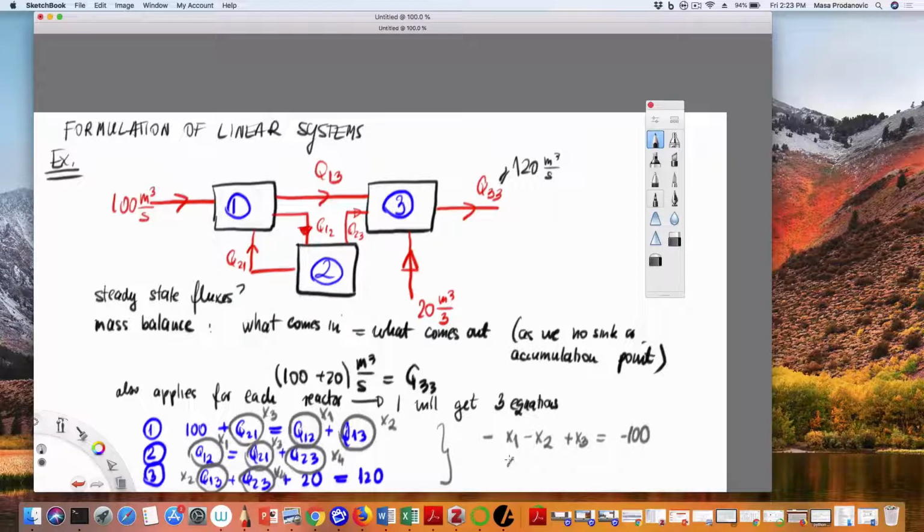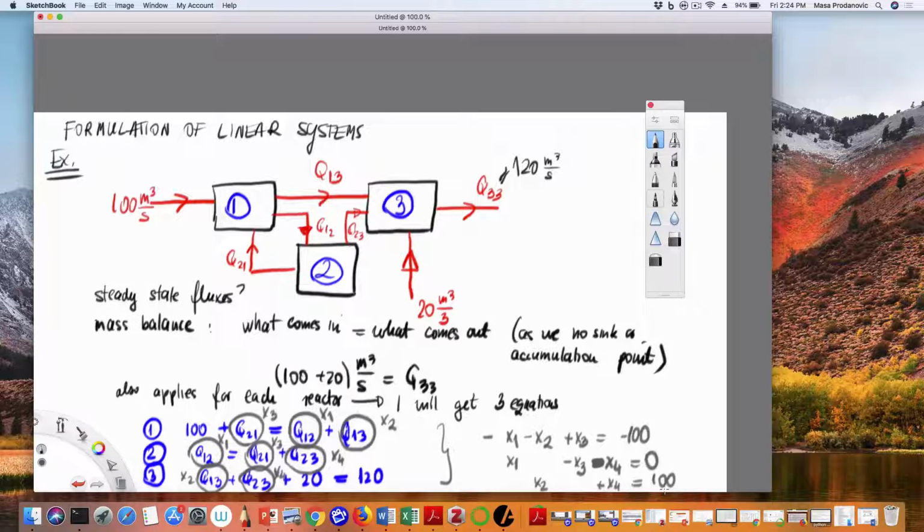And then x1 minus x3 minus x4 is equal to 0. And x2 plus x4 is equal to 100. So I have 4 unknowns and I have 3 equations.